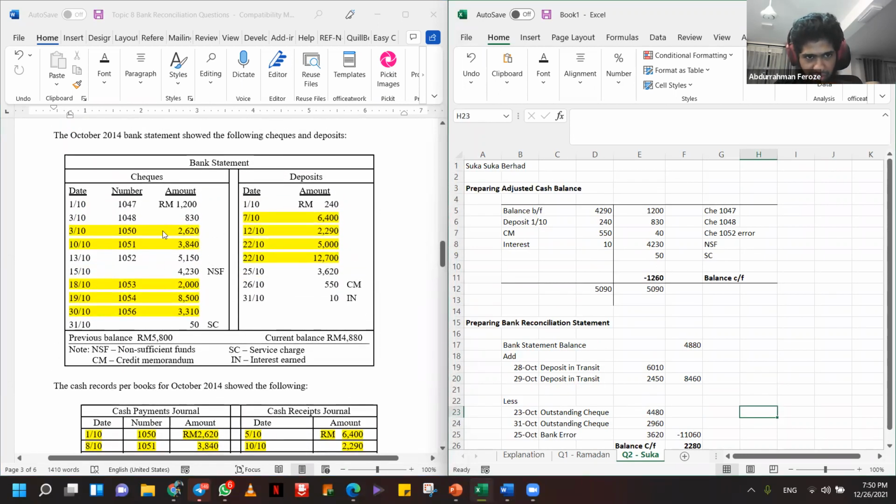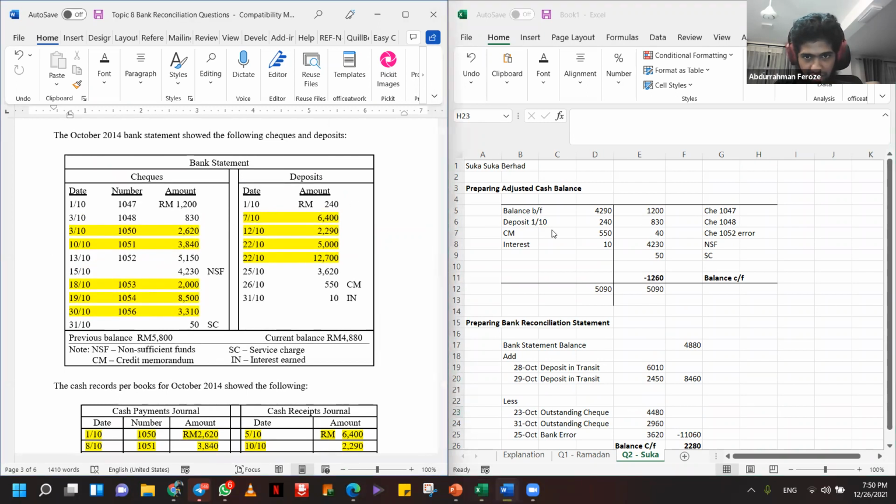Okay, let's just quickly go over it, I guess. We have the checks. That is removed, 240. Oh, sorry. The deposits: 240 is added, 550 is added, and 10 is added.